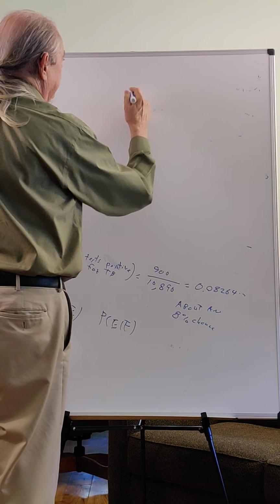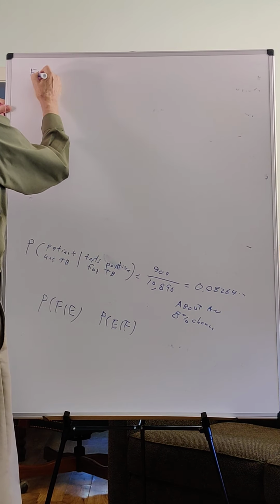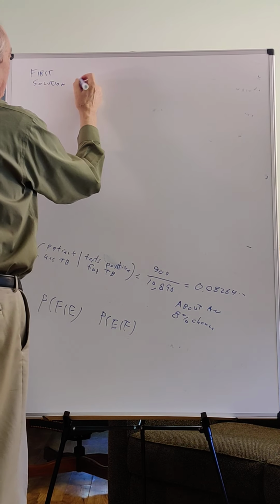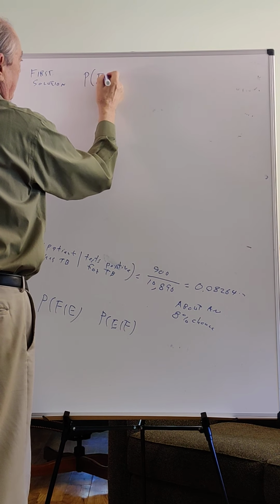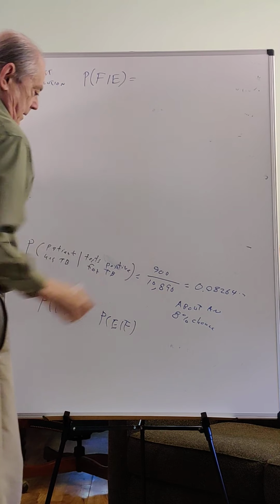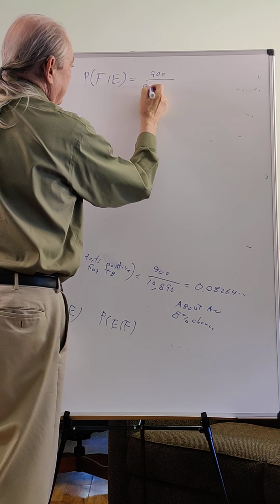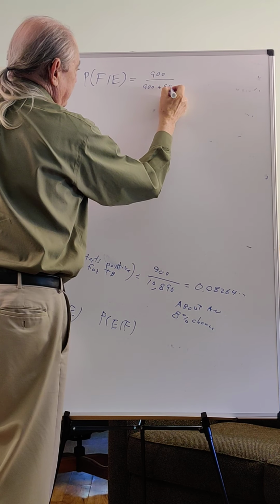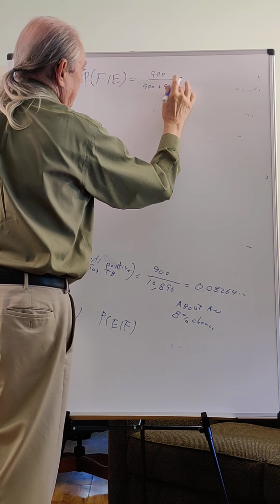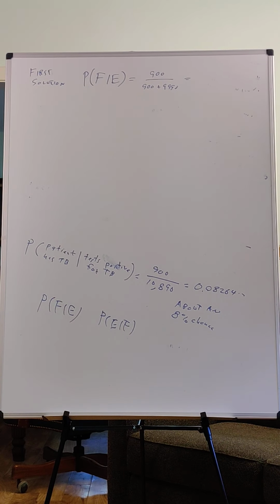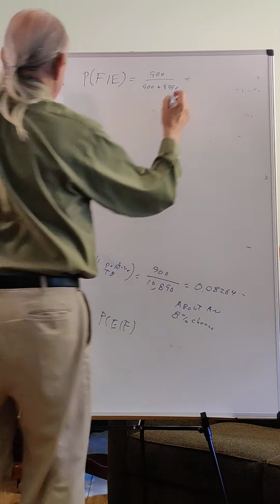So, first solution, it turned out to be 900 over 900 plus 9,900, I believe. Maybe there's another 9 there. So that's right. So that's 0.0826.